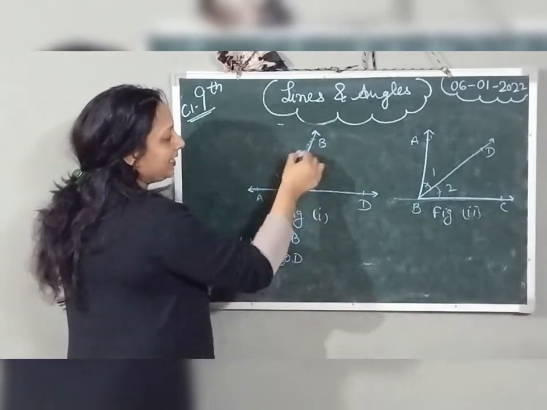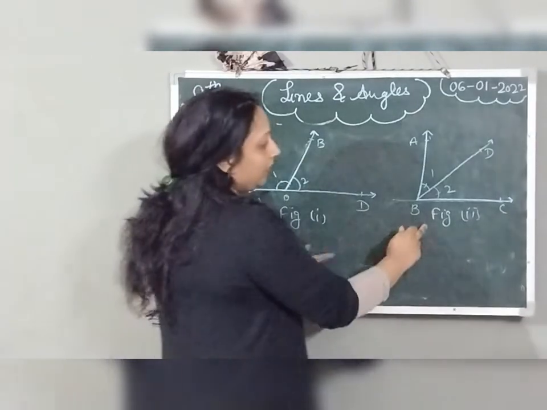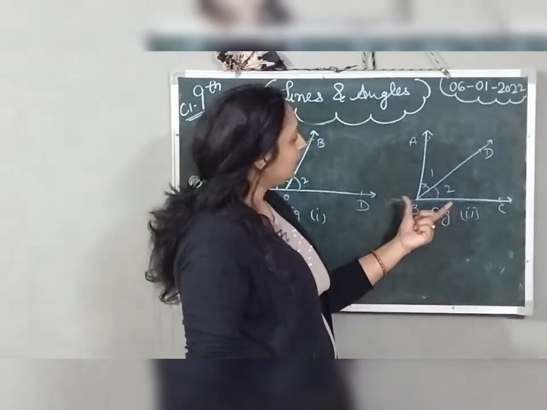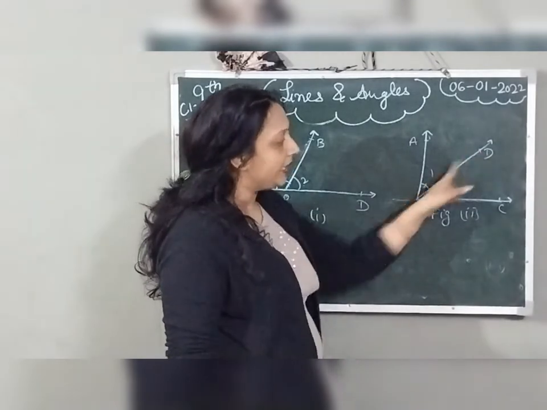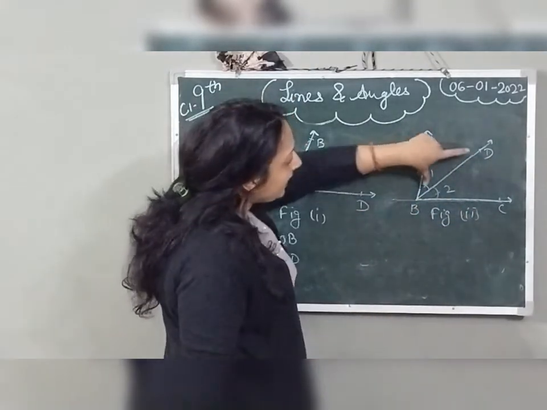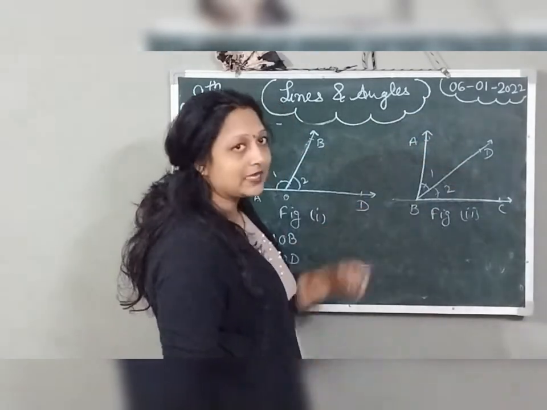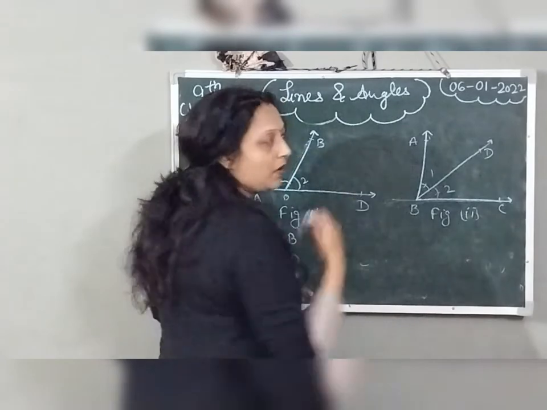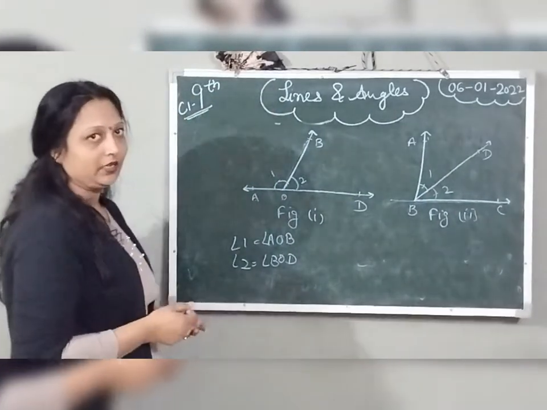So we can say these two angles are adjacent angles. Here in this figure, you can also see that angle number 1 and 2 have one common arm, that is BD. So BD is the common arm and the other two arms of the two angles are on the opposite side of this common arm. So these two angles are called adjacent angles.